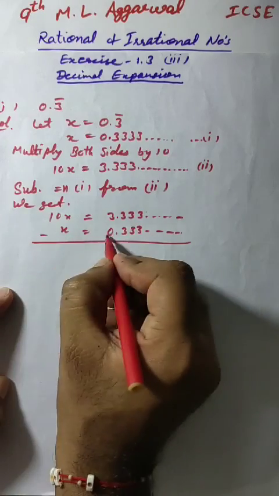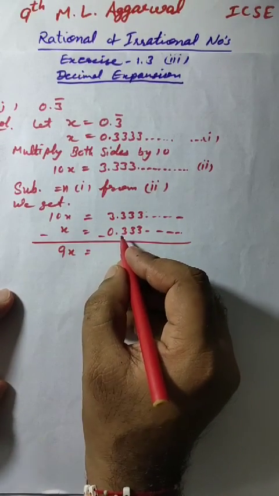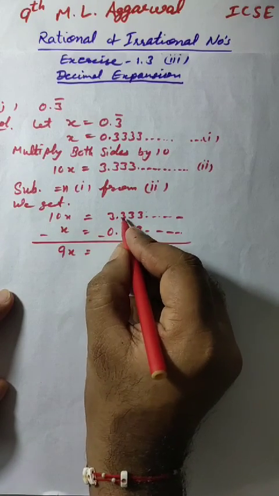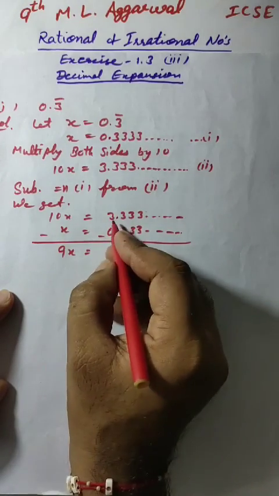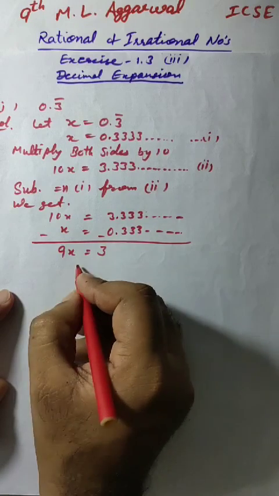If we subtract this, we'll get 9x on the left hand side, and on the right hand side we can see that after the decimal the digits are the same up to infinity. So we're left with only 3 minus 0, that is 3.